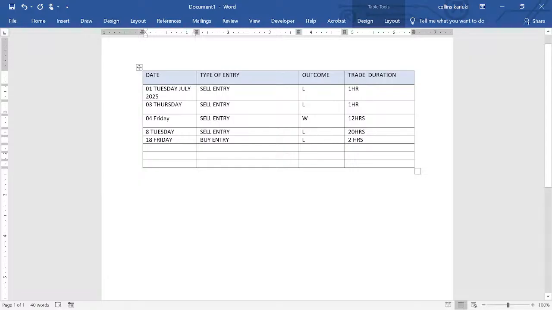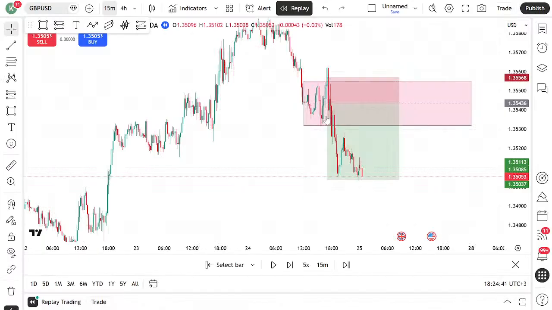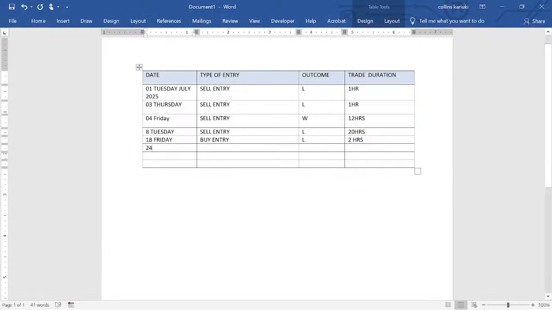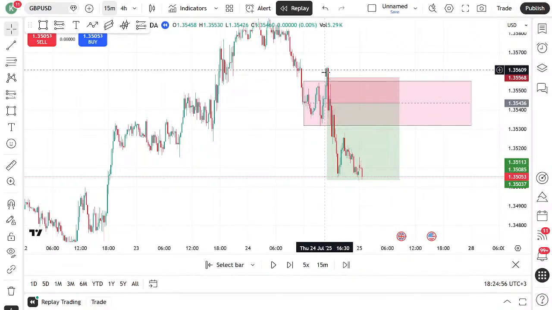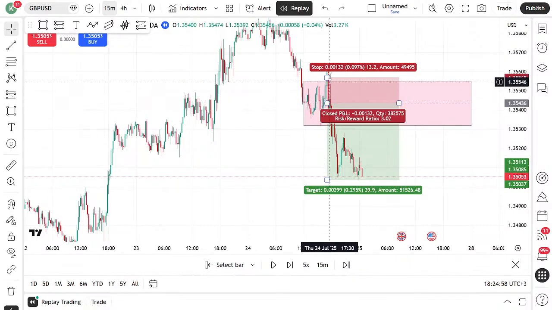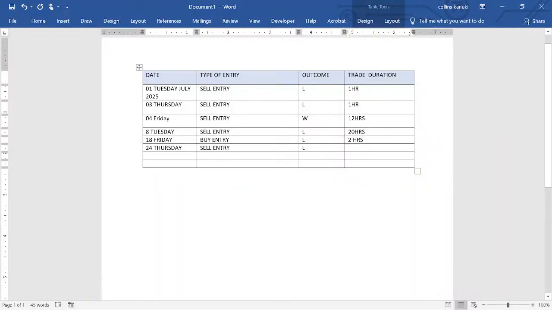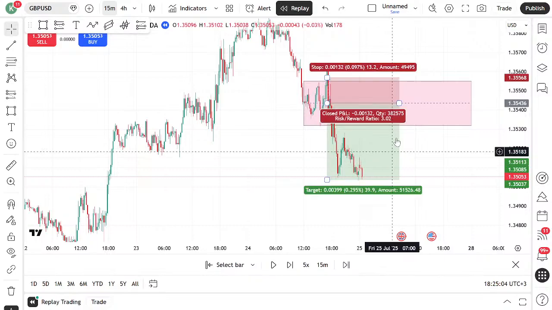So on the 24th, it was on a Thursday, we had a sell entry which resulted in a loss, and typically our losses aren't long. It was 30 minutes, and we were already out.